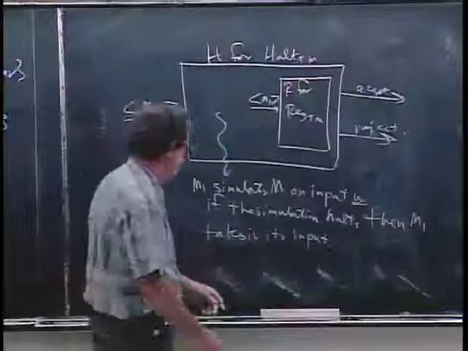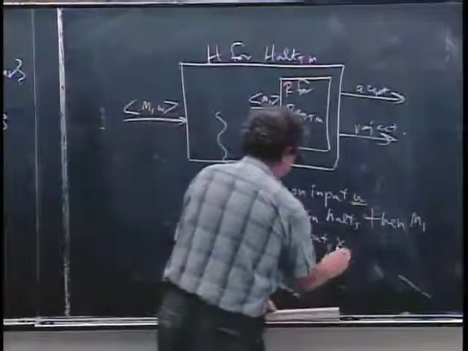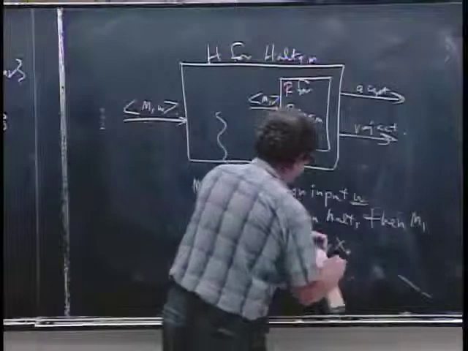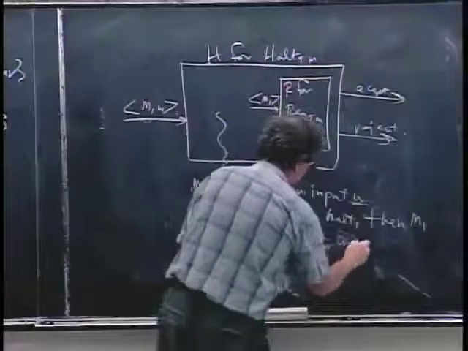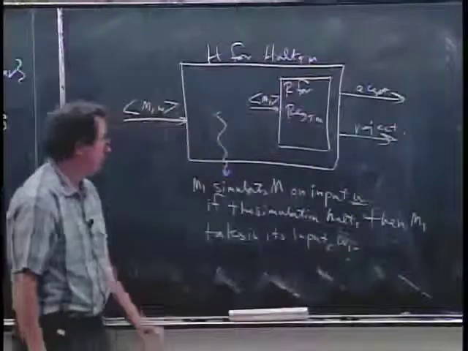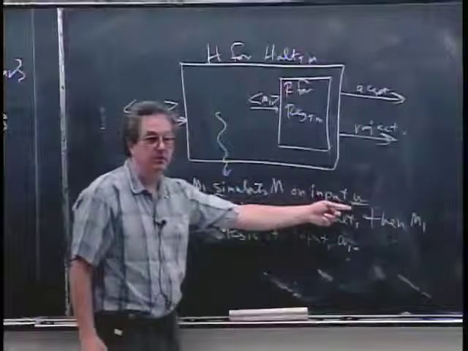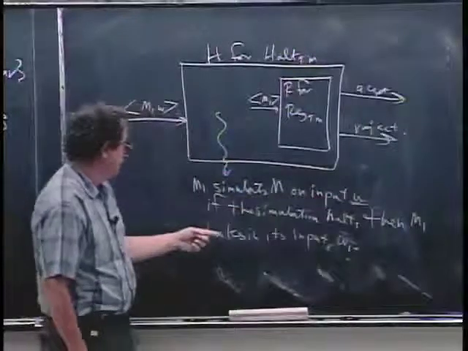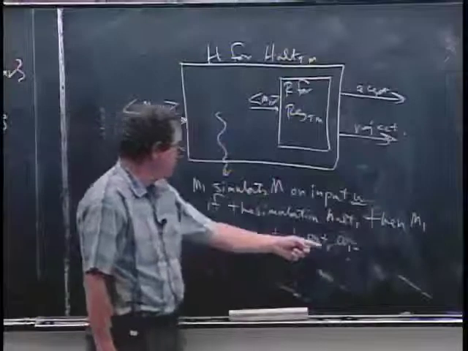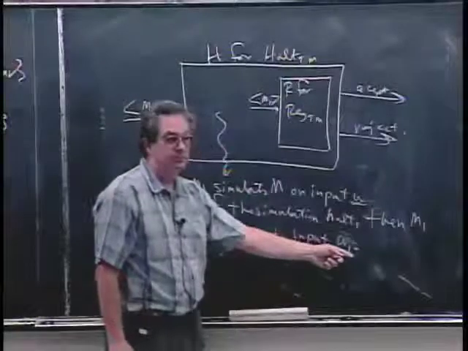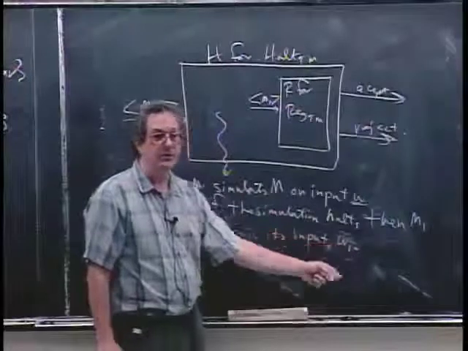Its input, I'll call it X, or maybe call it W1. Okay? So after M1 simulates M on W, if it halts, then M1 takes in its input W1.